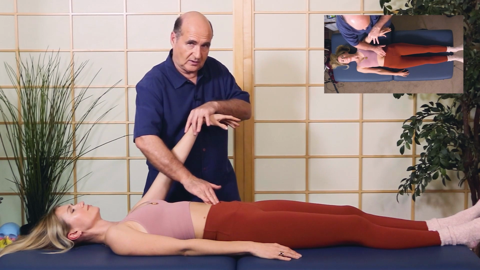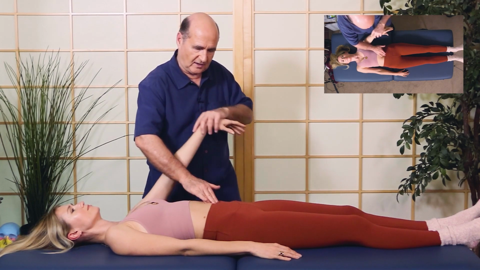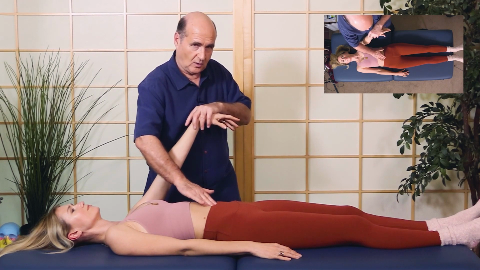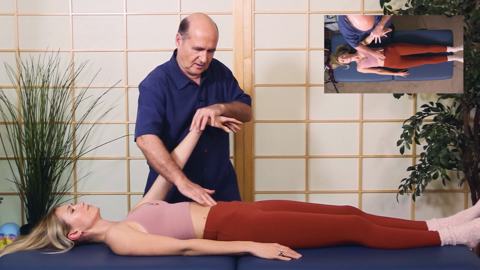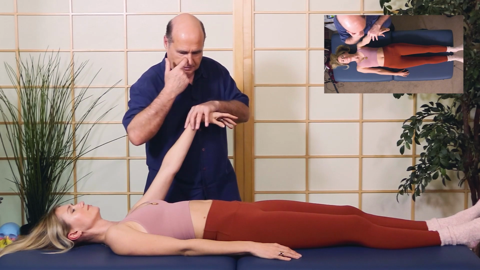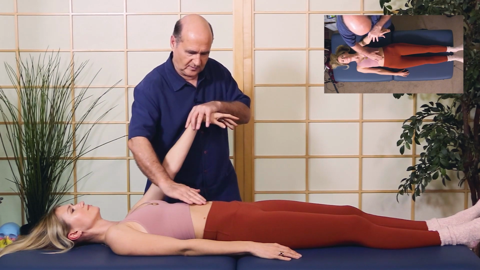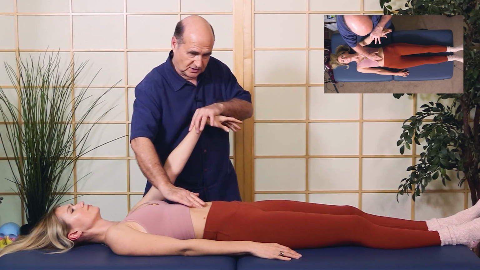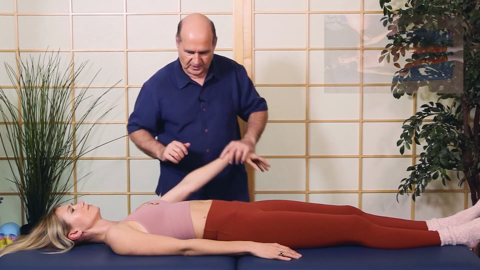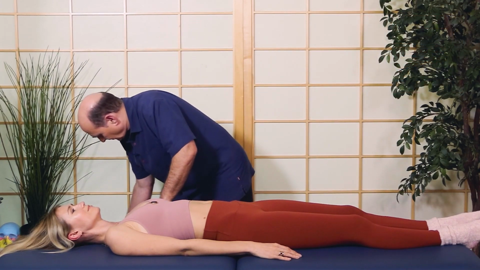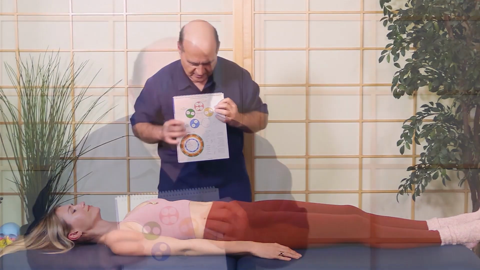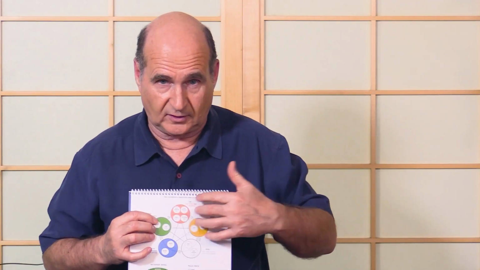Now I go to metal, and it goes weak, saying, oh, we have metal energy is over. And then we go here, and I see that she has no problem in the water element, and then no deficiency in the wood element. So again, we're looking for where you have under energy and over energy on the chart.